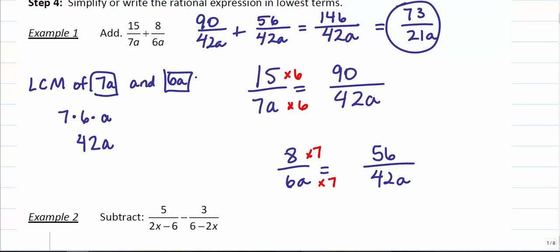Now, I kind of wrote all over the place, so let me clean this up a little bit to show you what I did. So our original problem was 15 over 7a plus 8 over 6a.